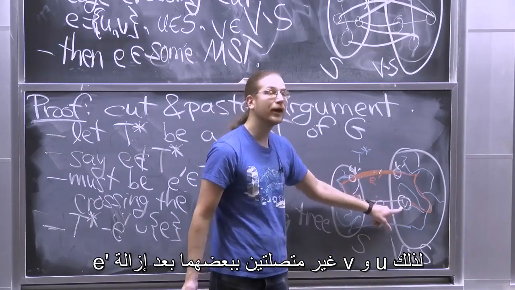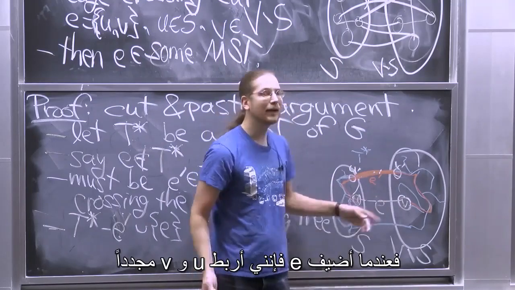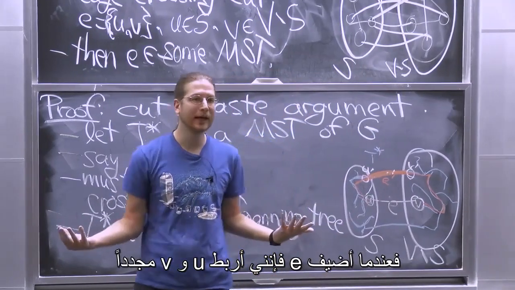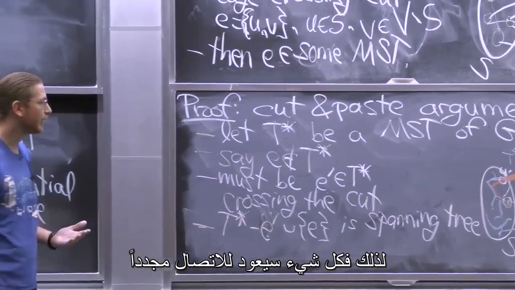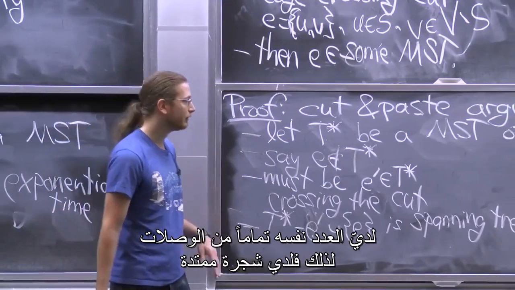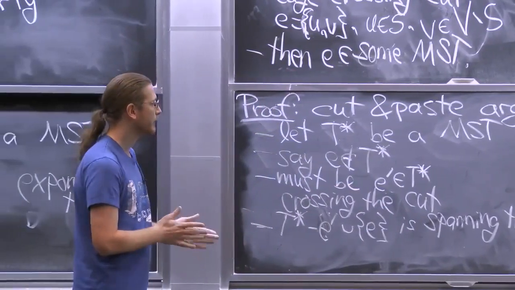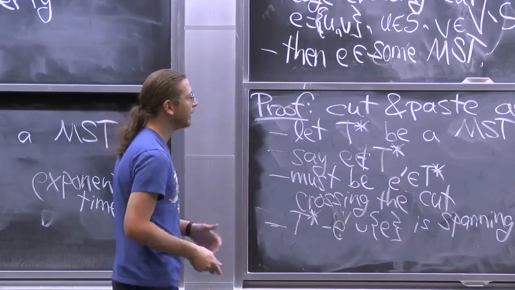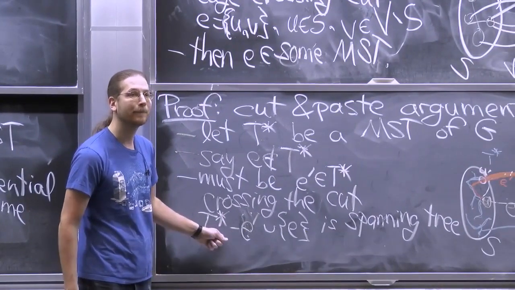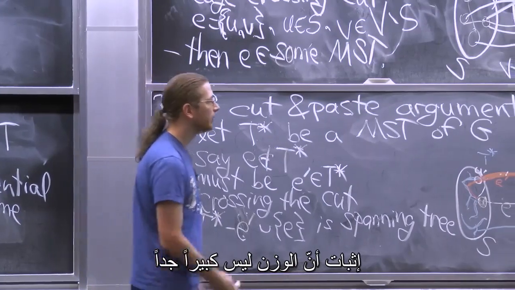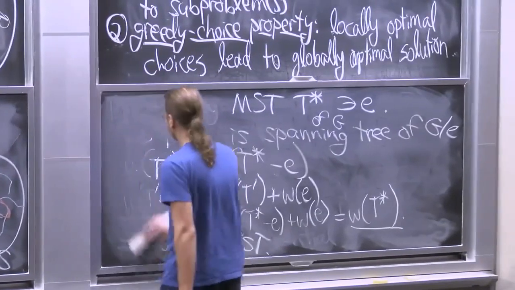Therefore, U and V are not connected to each other after removing E prime. So when I add in E, I newly connect U and V again. And so everything's connected back together. I have exactly the right number of edges. Therefore, I'm a spanning tree. Okay? So that's the graph theory part. Now, the interesting part from a greedy algorithm is to prove that this is minimum, that the weight is not too big. So let's do that over here.